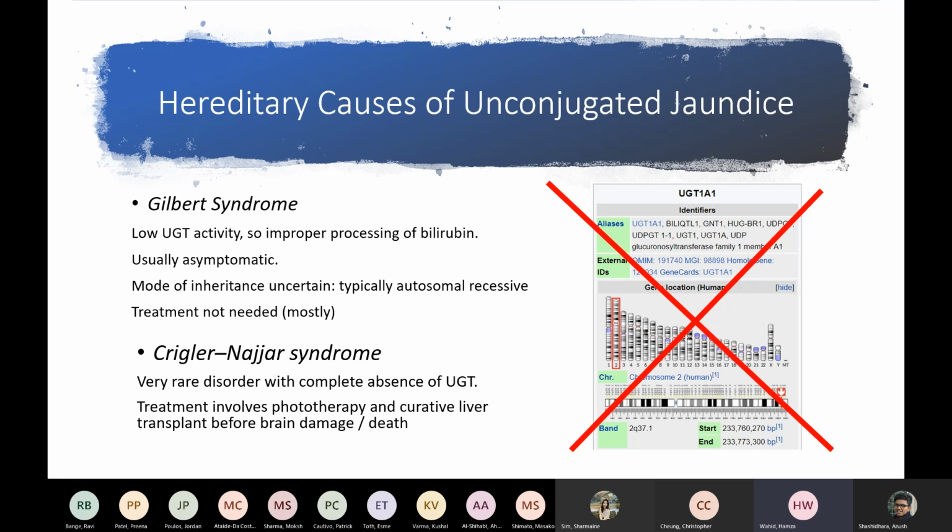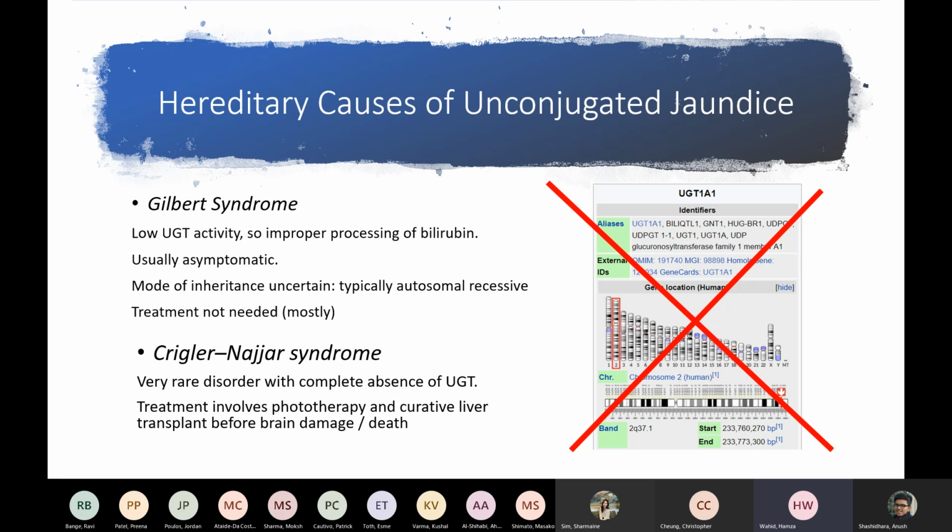I just looked it up before to scare you guys. You don't need to know a lot about the gene itself. All you need to know is there is a gene called UGT, and some people are deficient in it, and it is involved in turning unconjugated bilirubin into conjugated bilirubin, right? And if you have less of it, you are less good at doing that.